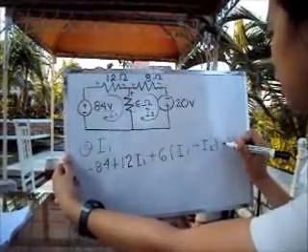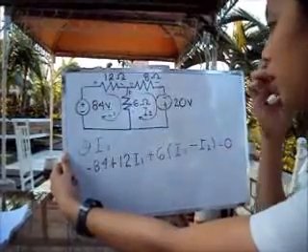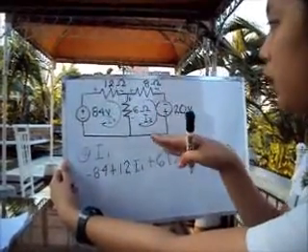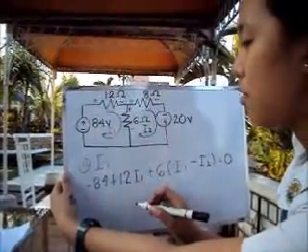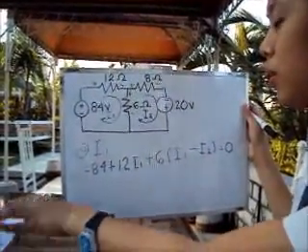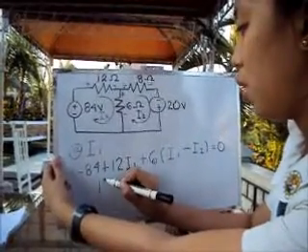We will equate it to 0 because according to KVL, all of the voltages added together is equal to 0.